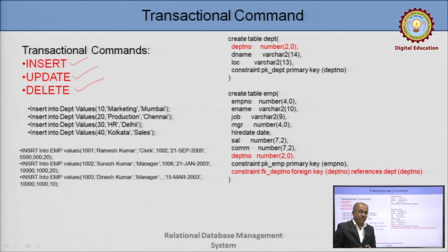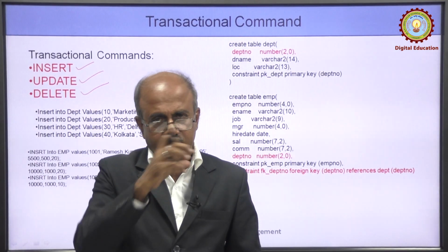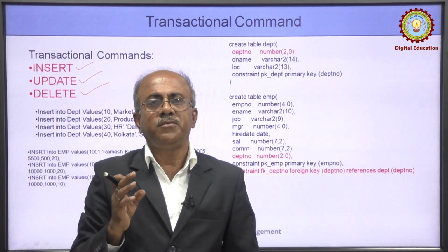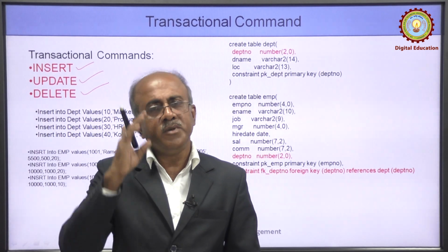As I told earlier, the transaction first takes place in the buffer, in the rollback segment. There is a temporary segment where the transactions take place and log files are maintained, and when we commit the transaction, it gets reflected into the table permanently. Otherwise, if there is no commit, it will be in memory only.